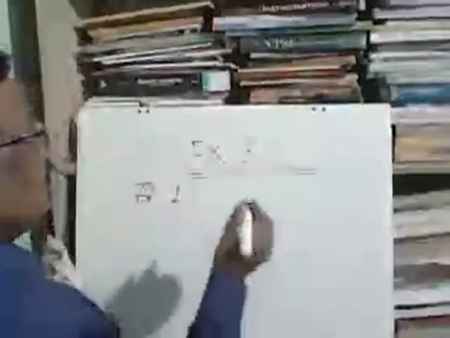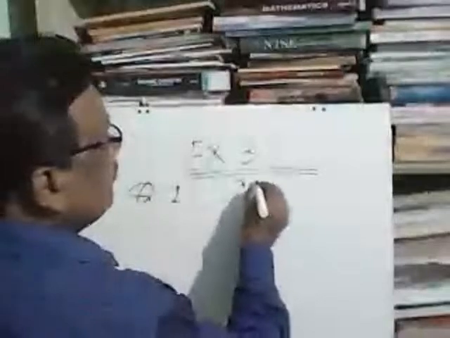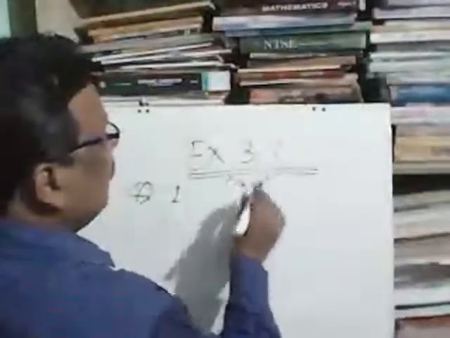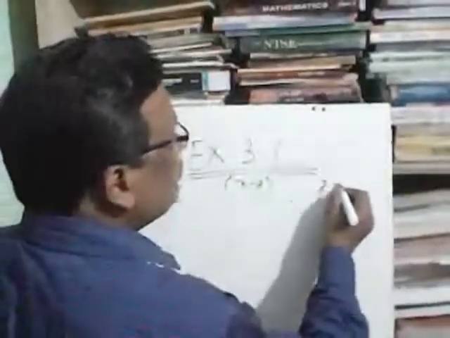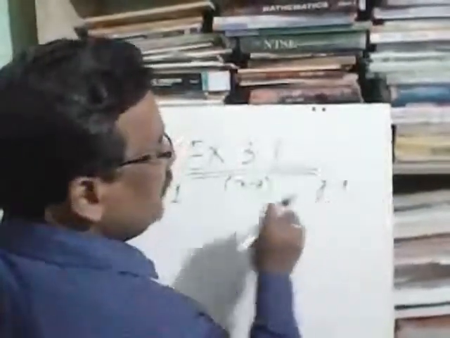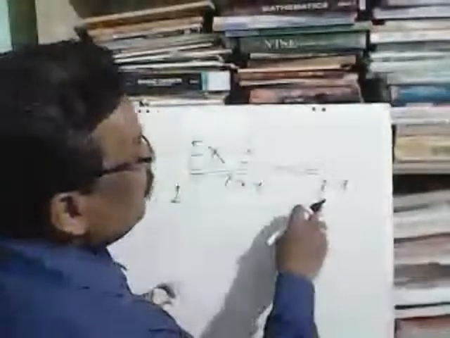First case, 7 years ago. Seven years ago, Aftab's age will be x minus 7, and the daughter's age will be y minus 7, since the present age is taken as y.